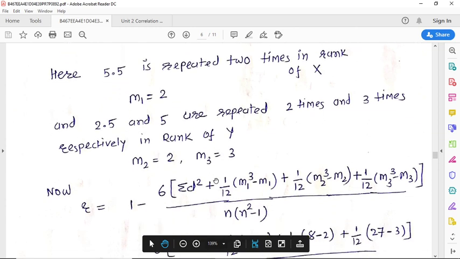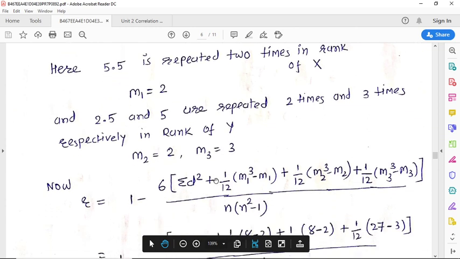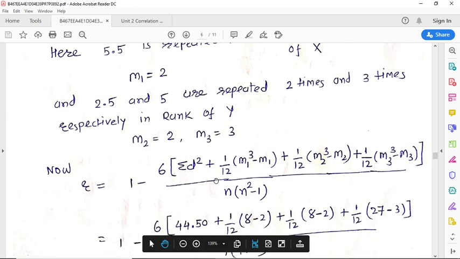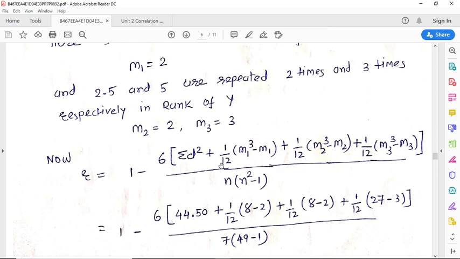So write the formula for this case. For m1 we have to add this factor, 1 by 12 times m1 cube minus m1. For m2 we add the second factor, 1 by 12 times m2 cube minus m2, and for m3, 1 by 12 times m3 cube minus m3. Divide by n into n square minus 1. So that is the formula to derive the rank correlation of this data, and replace all values.